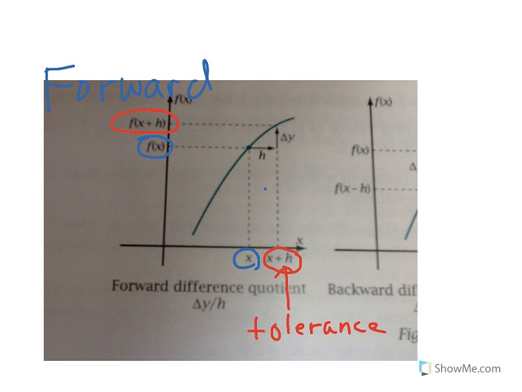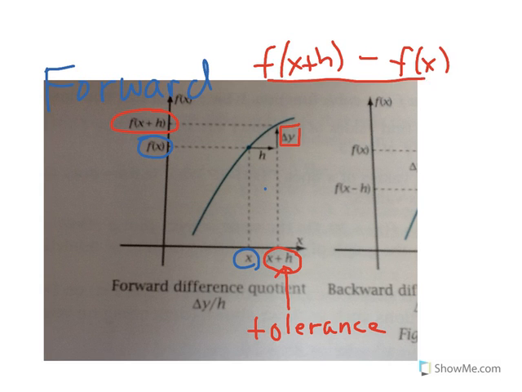And to calculate the difference quotient, we're going to take the delta y, which is shown here in the picture, right in this spot. That's going to be achieved by taking f of x plus h minus f of x and dividing that by x plus h minus x.